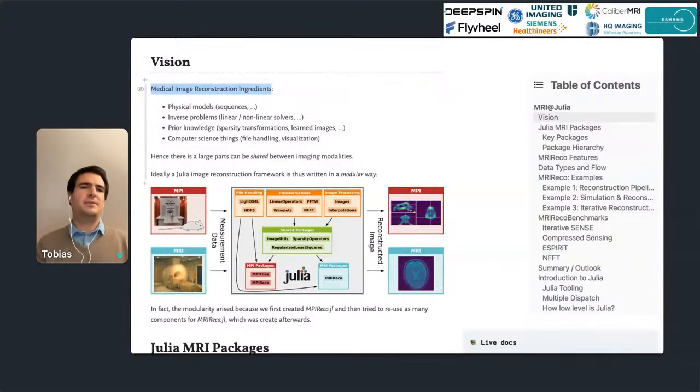Then you usually look at these imaging modalities from a higher abstraction. You will find that one important ingredient is that you require physical models. I think we all agree that for each modality this is completely different. The physical model of computer tomography is completely different than in MRI, and therefore we need dedicated code for each imaging modality.